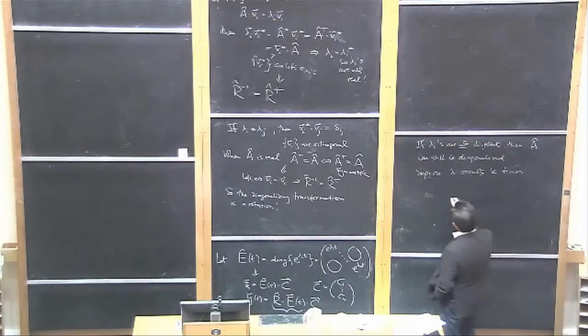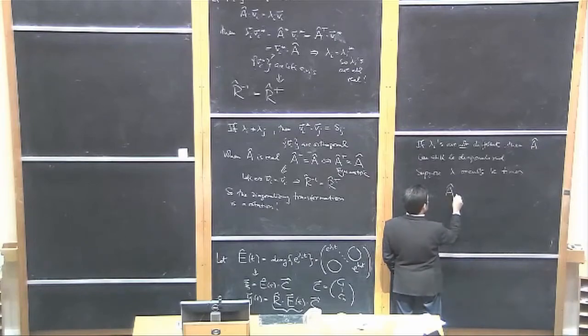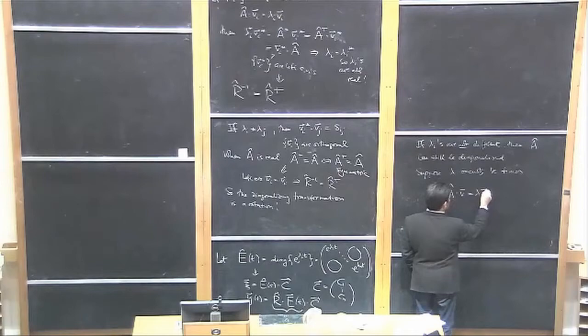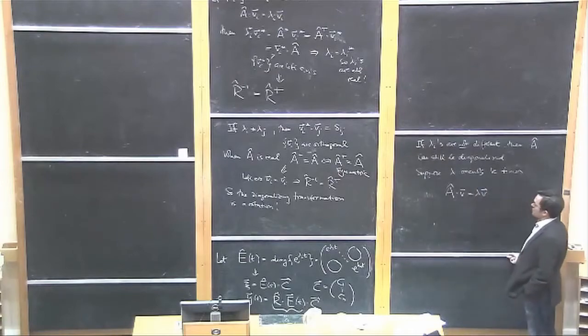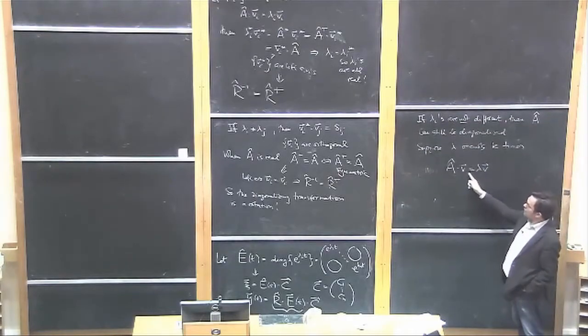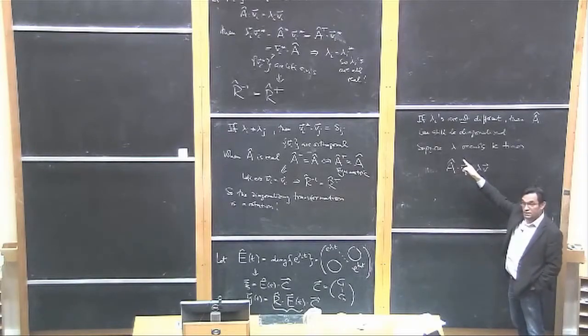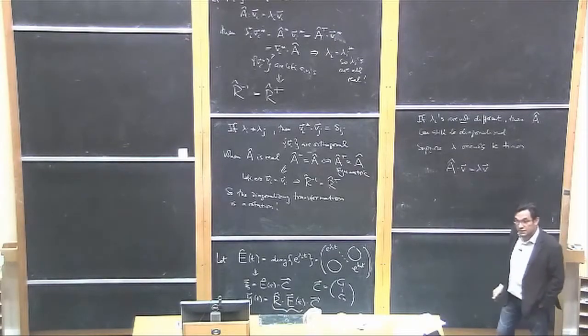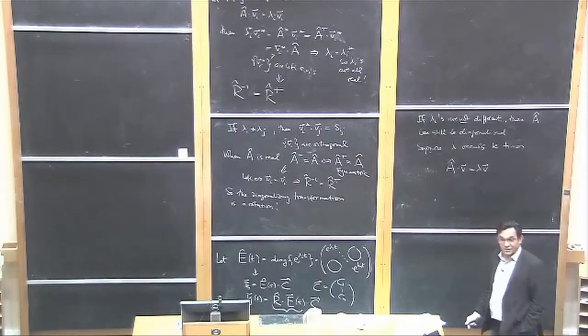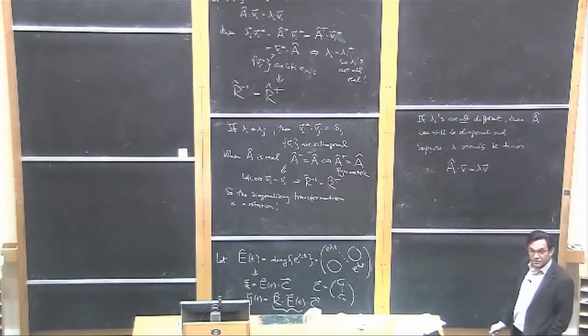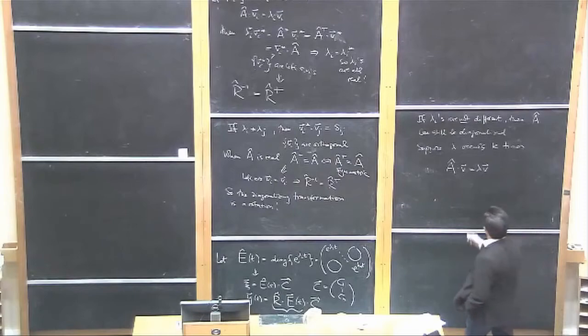Well, that will mean that vectors that solve this equation with that lambda sit in a k-dimensional subspace of the linear vector space that you're living in.